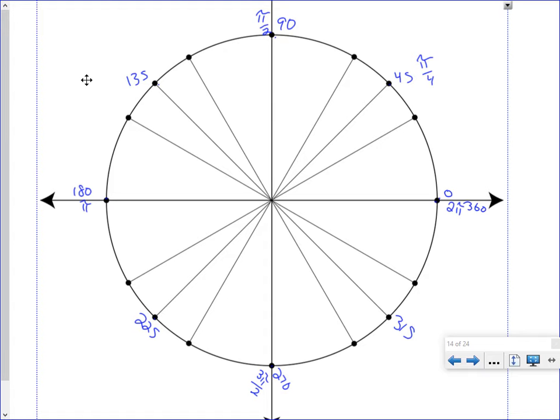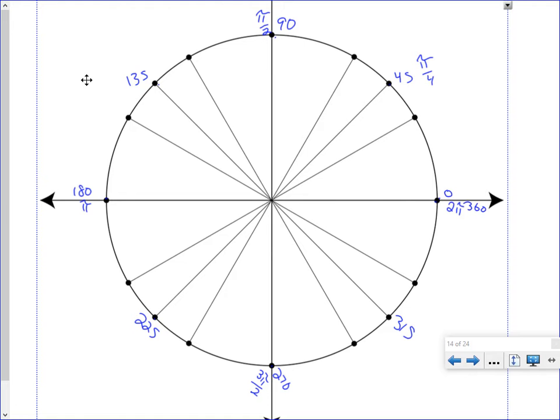Now, if I use the idea that every fourth is a pi, every 45 degrees is a pi over 4, you start at 0, 1/4, 2/4, 3/4, 4/4, and so on.